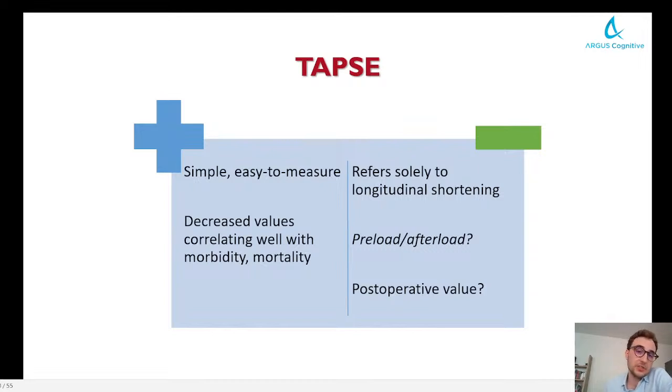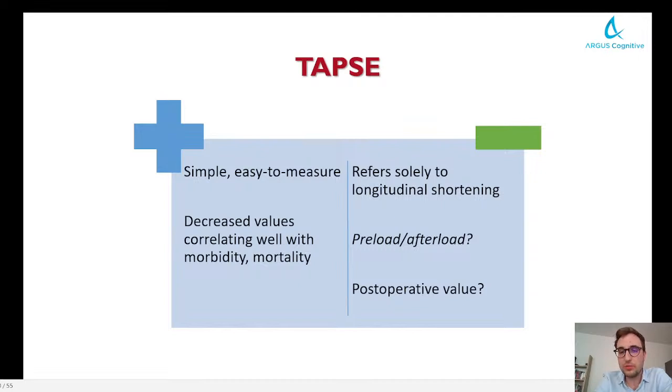And as I've already mentioned, it refers solely to the longitudinal shortening. And we all know that it's also very highly influenced by the loading conditions, so by the preload and afterload of the chamber.